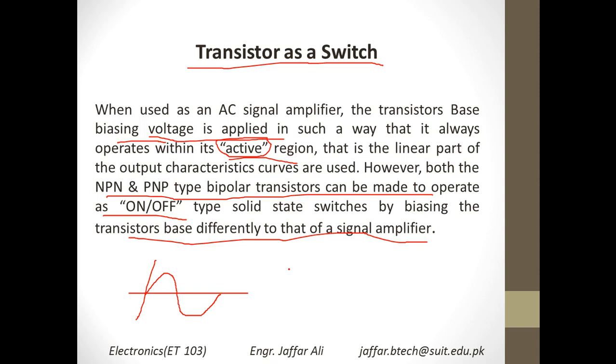Similarly, if you are using PNP, your base emitter will be forward biased, and your collector emitter will be reverse biased. So similarly, if you use forward biasing, you will allow this current, this signal. This will make your signal go into the switch on mode, acting as a closed circuit. So it will be allowing the current, so it will make the switch on.